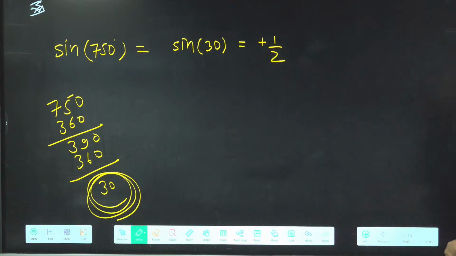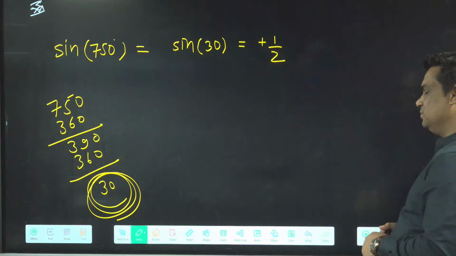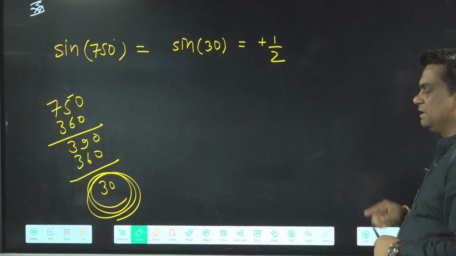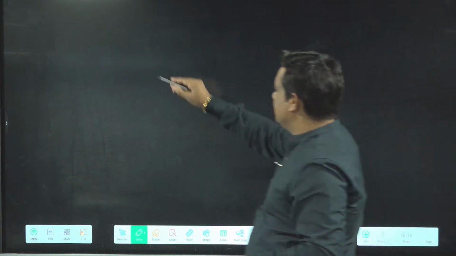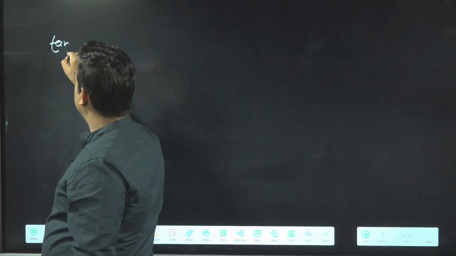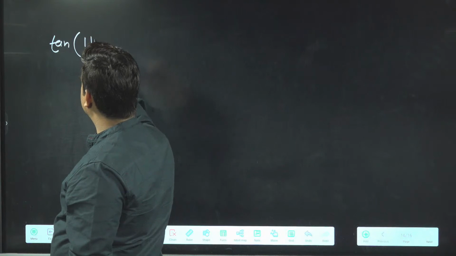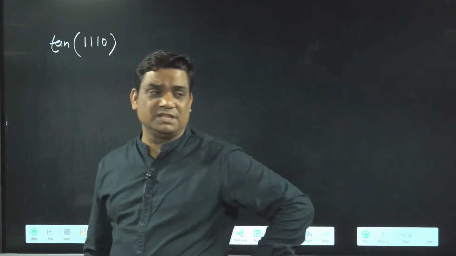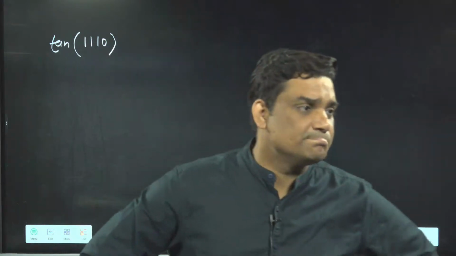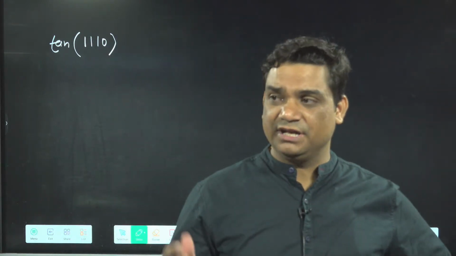Yes, it is clear. One more I'm asking you. I need you to be able to answer this one. I hope you are ready now. What do you say about this one? 1110. Just tell me the answer of this. 75 and 15 we will see next.